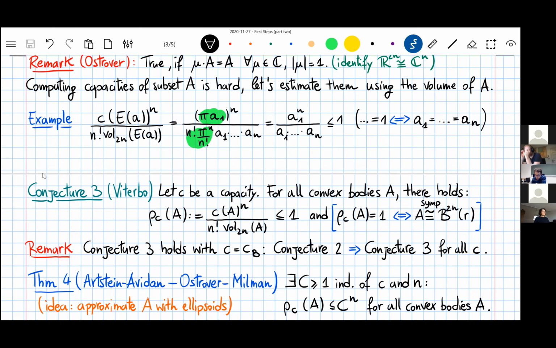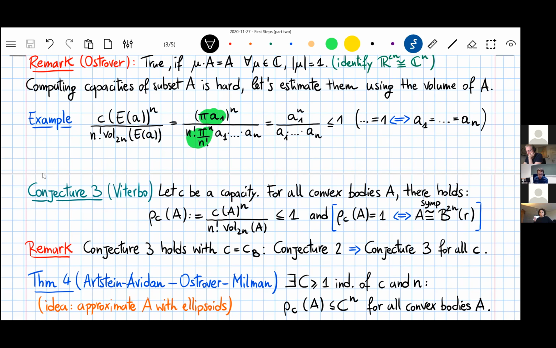And actually, almost by definition, this conjecture holds for the ball capacity, because the ball capacity gives you the biggest ball you can fit inside. And once you have a ball of a certain radius, you can also estimate the volume from below. And then you have equality exactly when this ball basically fills the whole thing, which means that you are actually symplectomorphic to a ball.